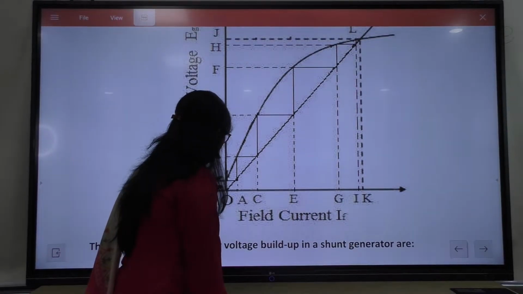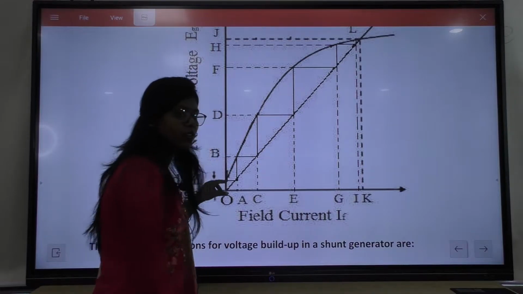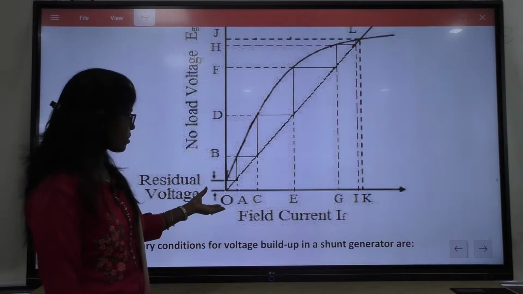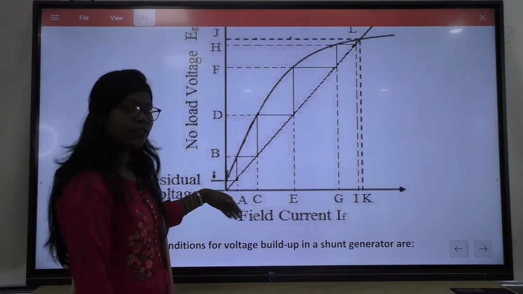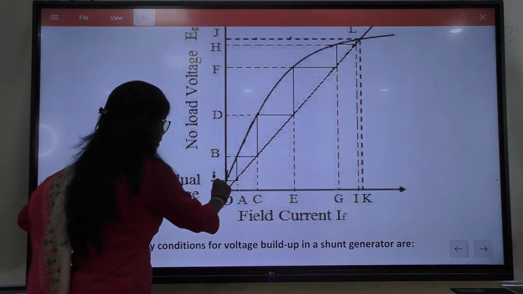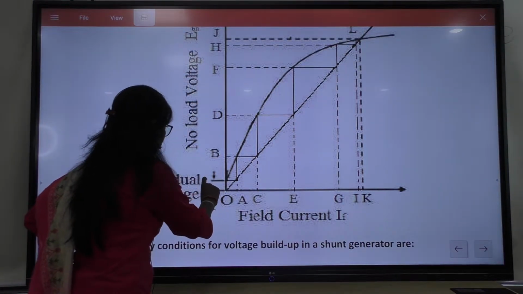When the generator is started, residual flux is present in the generator, so that due to that the residual EMF will generate. That residual EMF adds to the main field flux. So due to the residual flux, residual voltage will generate.